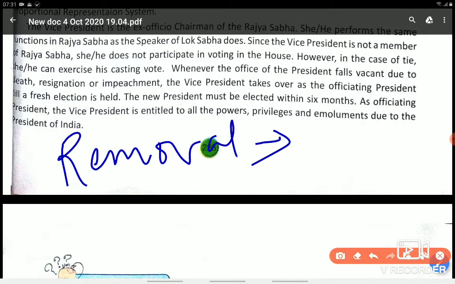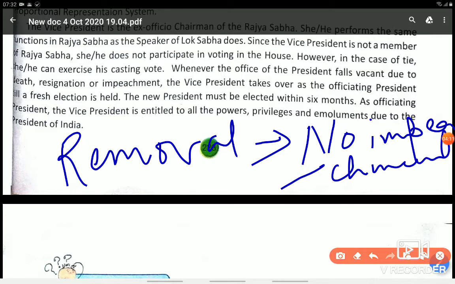And for that, 14 days prior information should be sent to the vice president for his removal. So no impeachment takes place in the case of the vice president.